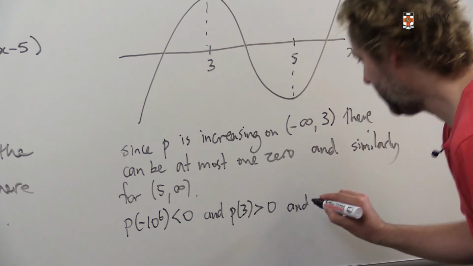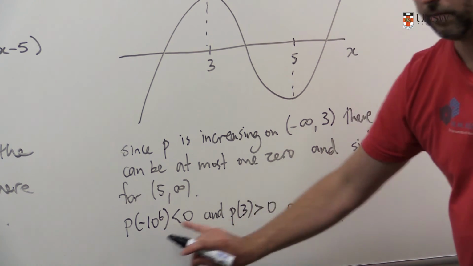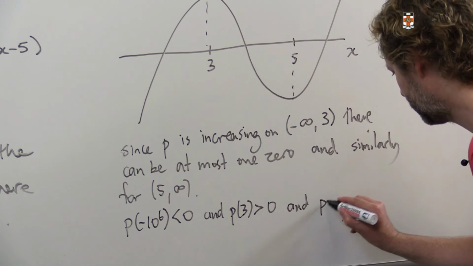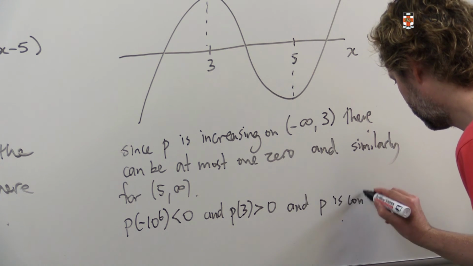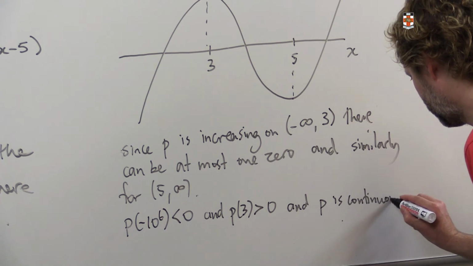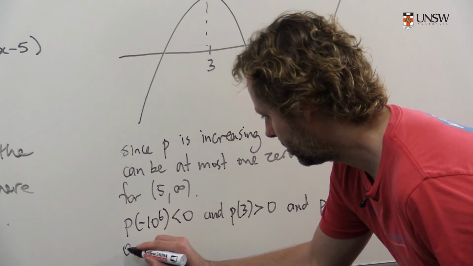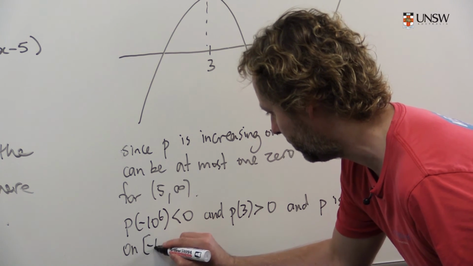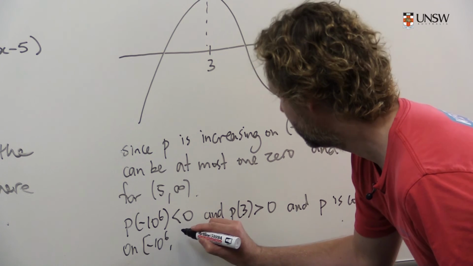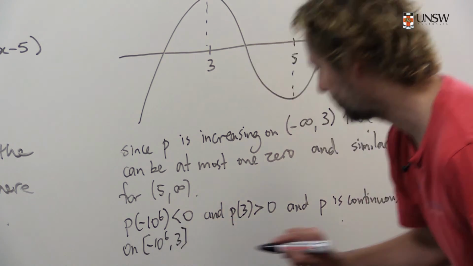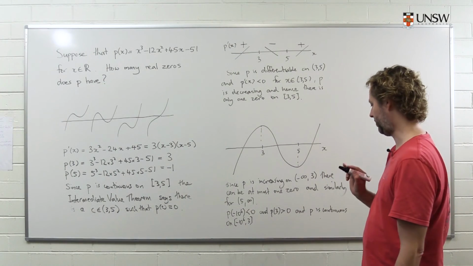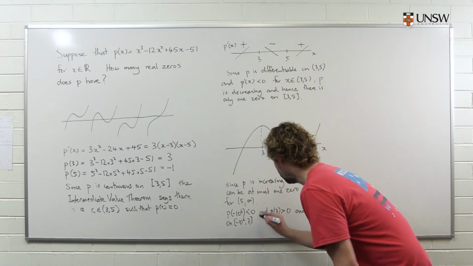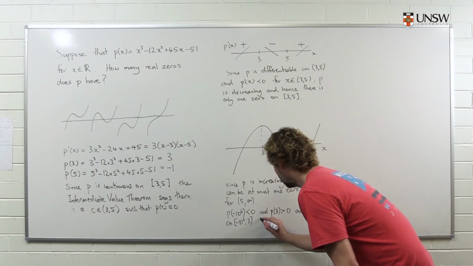And p is continuous on the interval from -1 million to 3. So the intermediate value theorem can be applied, and it tells us that there must be a 0.